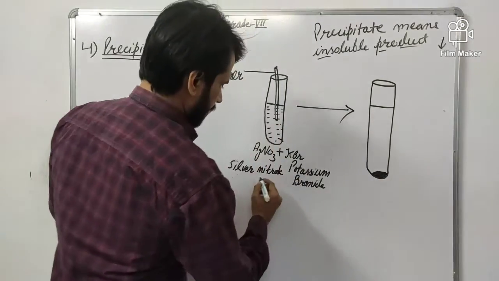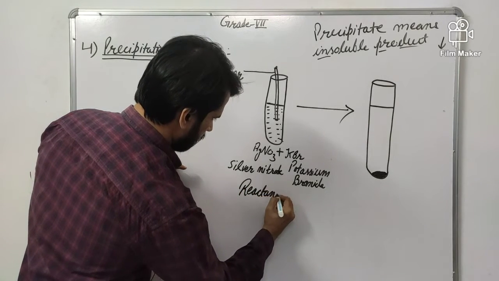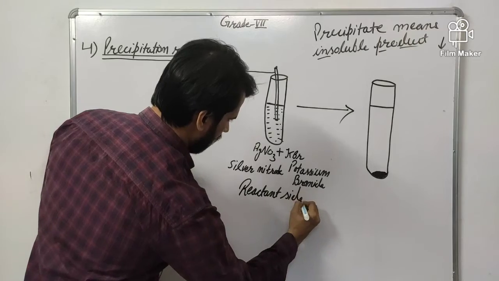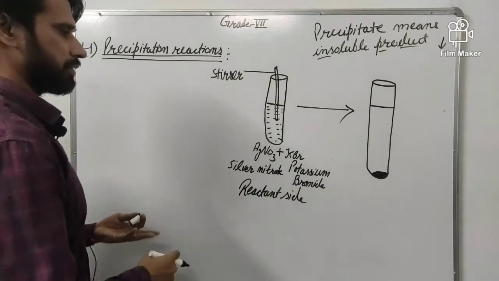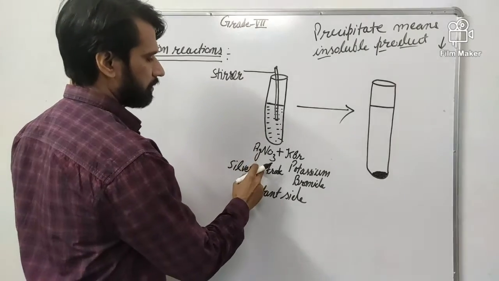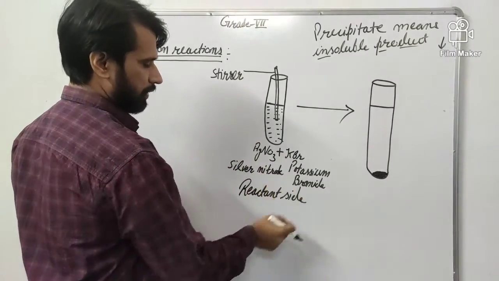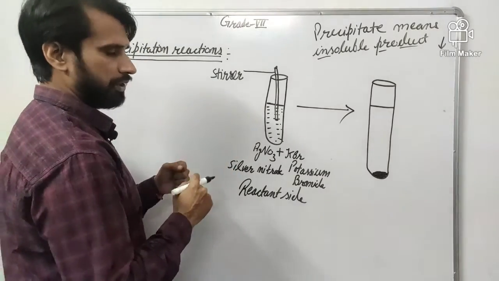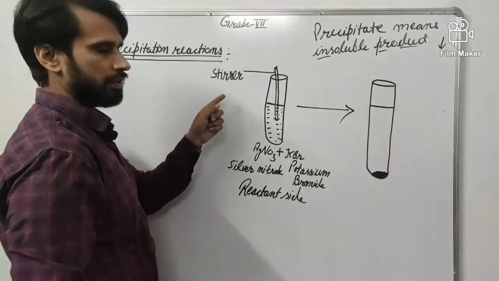So this is the reactant side. Why is this called the reactant side? Because here we take two interacting substances. The first is AgNO3, the second is potassium bromide, and we add these two substances in a test tube and stir with the help of a stirrer or glass rod.